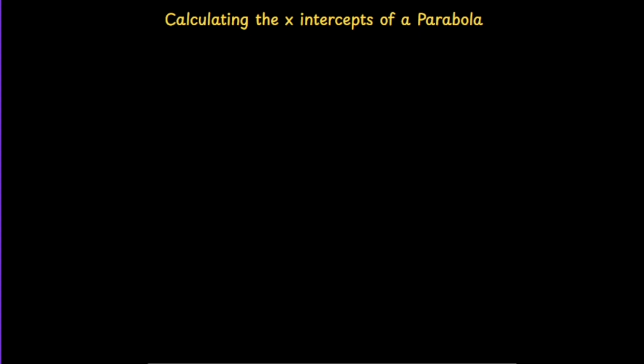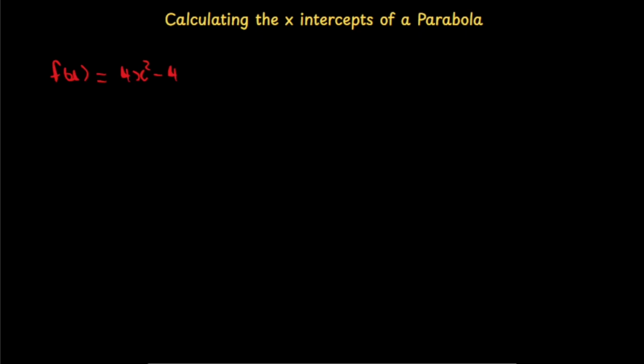What we are going to do together is try to mathematically find the x-intercept using the equation of the parabola. So the given equation that I'm going to work with in this video is f of x is equal to 4x squared minus 4.